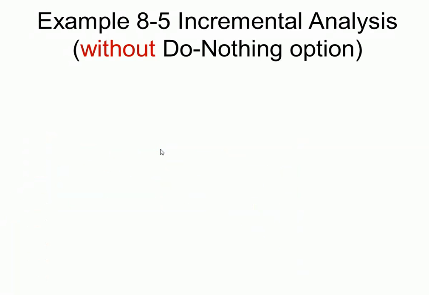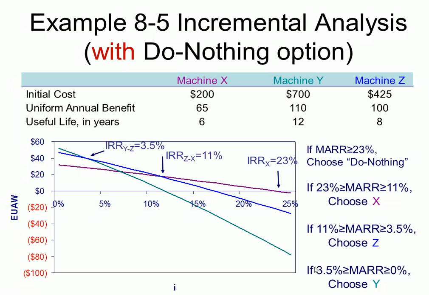And I also corrected the previous example where we have the do nothing option, right? So let's go back and look at the with do nothing option. I changed it here to 3.5 because of course this is our internal rate of return. This should be 3.5. So if we compare the two, the only difference is that before we had this do nothing, so now that it's not available, we don't have this differentiation with the 23%, right?